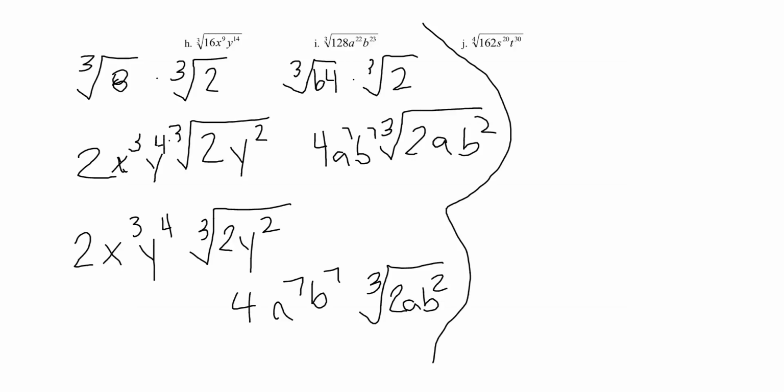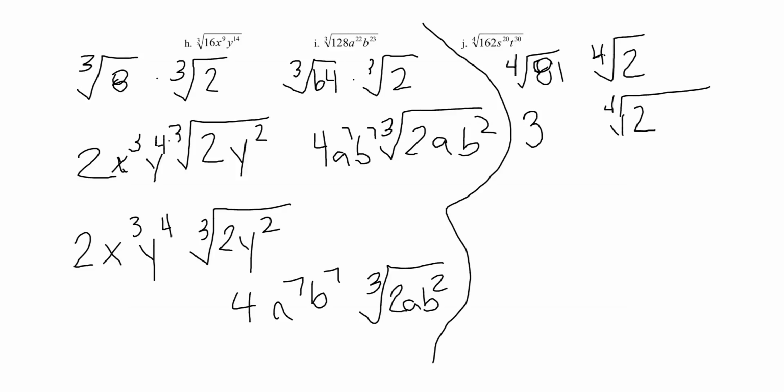And I know that the 4th root of 81 is 3. And then we'll just keep our 4th root of 2 there. We can't do anything with it. So the 4th root of 81 is 3. And then over here, we still have our 4th root of 2, and we'll keep going.